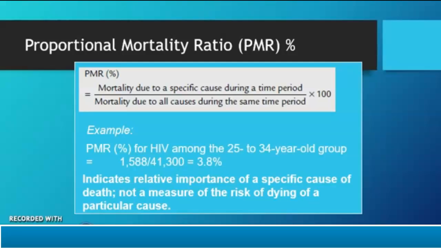So that this will give you a good depiction of that. So mortality due to a specific cause versus mortality due to all causes. So the 1588 is the mortality that was from HIV versus all mortality of all of the diseases, and that's 3.8%.